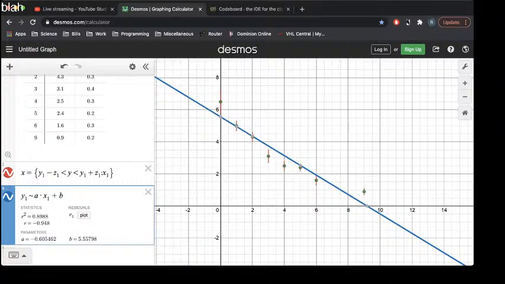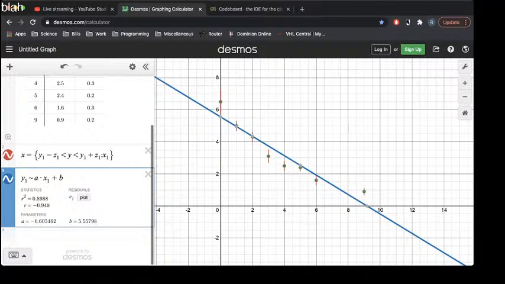Only 4 error bars touch the line of best fit. So 4 out of 8 touch the line of best fit. All right. You can see also that it gives me the A value and the B value that best fits the data.